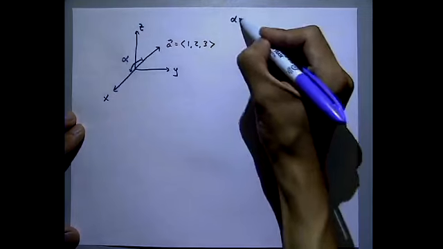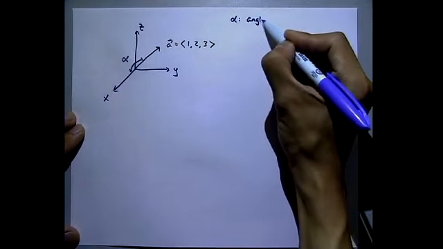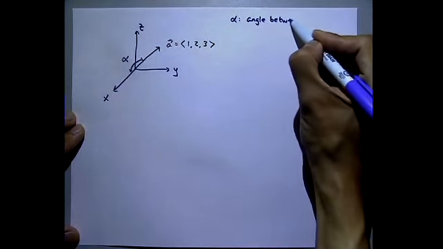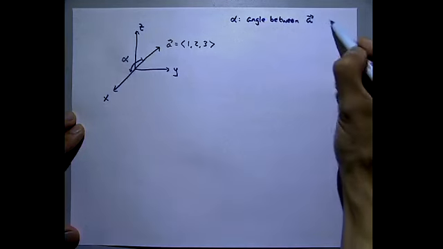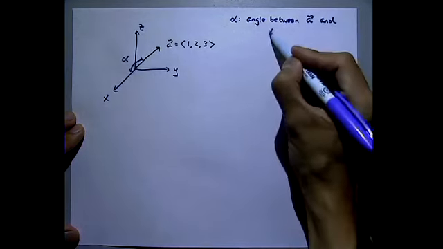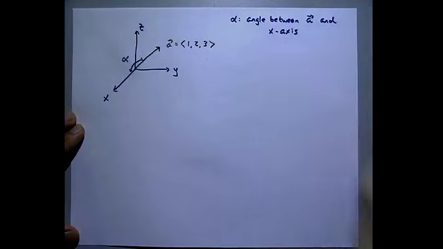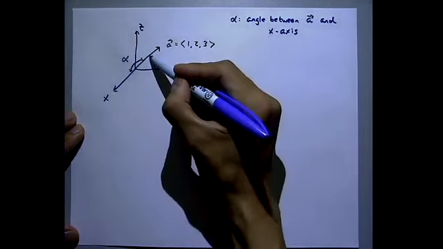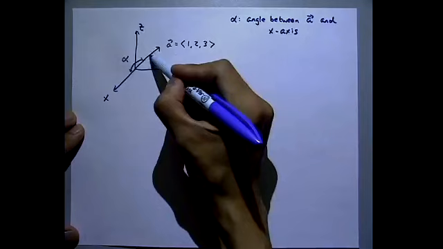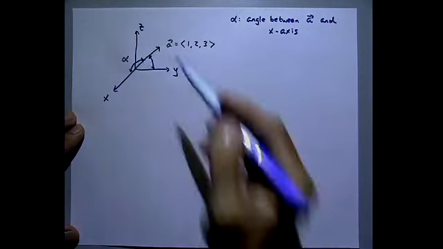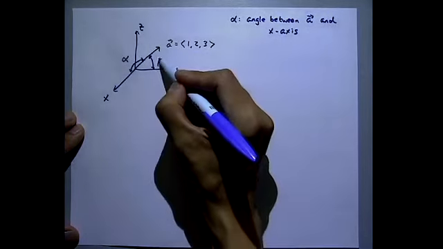So alpha is the angle between A and the x-axis. And the angle between the y-axis and A, we'll call that beta.